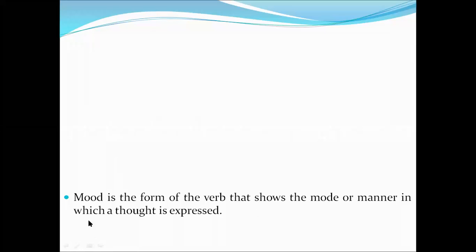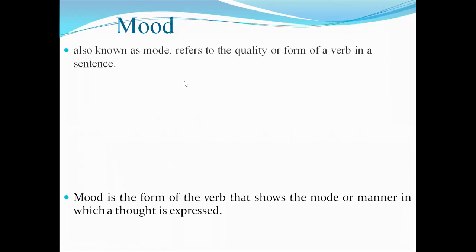Mood refers to the manner in which a thought is expressed. You can see the verb carries it. How do we express a particular thought? It is determined by mood, the manner of speaking also, right?